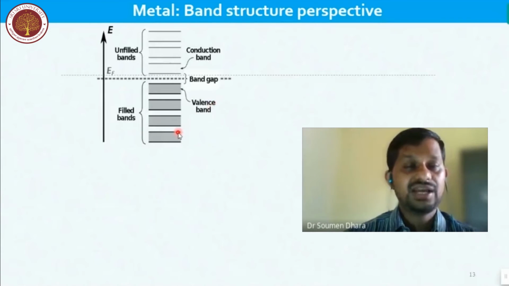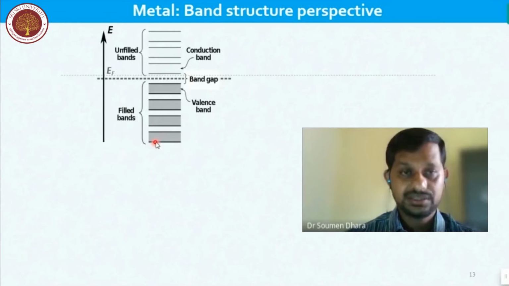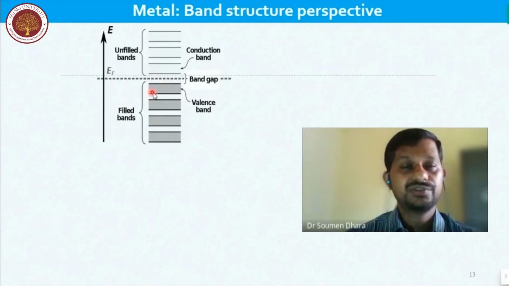If any energy band is completely filled with electrons, that is a filled band. Let's say you have a material where the first energy band is completely filled, the second is also completely filled, the third is also completely filled, and the fourth is also completely filled.